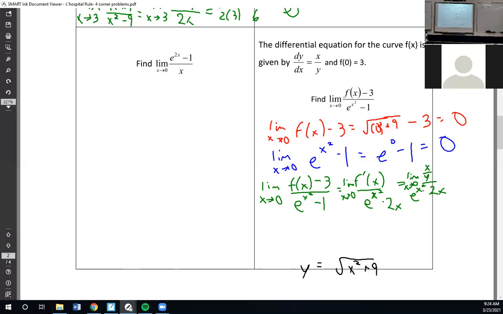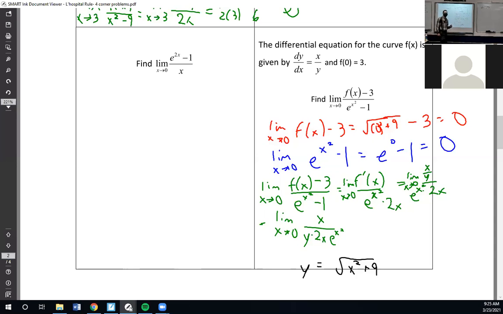And this is where it becomes even more difficult because this is still 0 over 0. x over, we have y times 2x times e to the x squared. Plug in top, I get 0. Plug in bottom, I get 0.